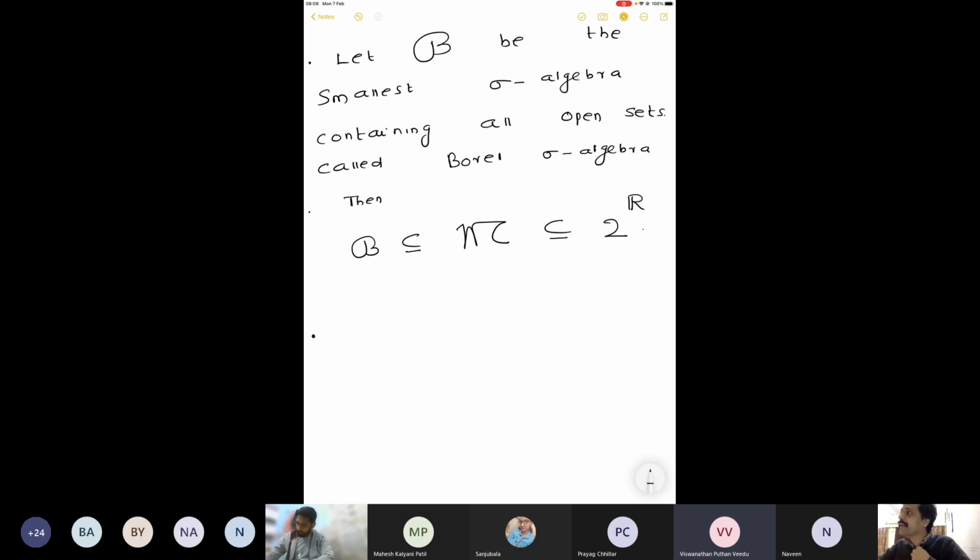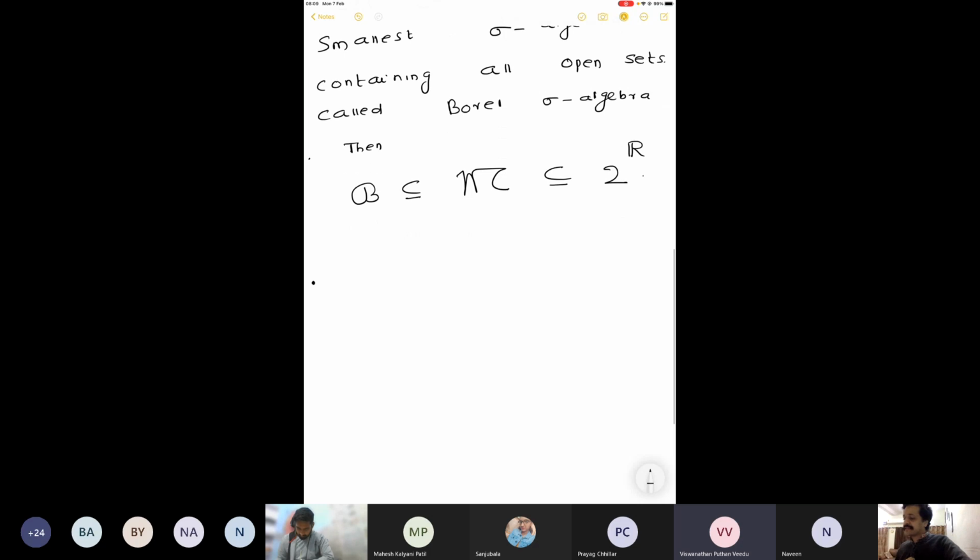Then you will get the smallest sigma algebra containing all open sets. Therefore, existence of B is based on the fact that the intersection of sigma algebras is again a sigma algebra. Okay, so these are a few things that we have commented.